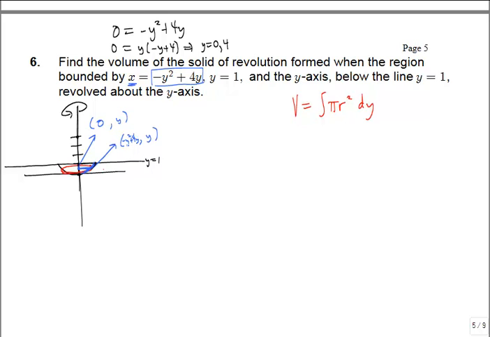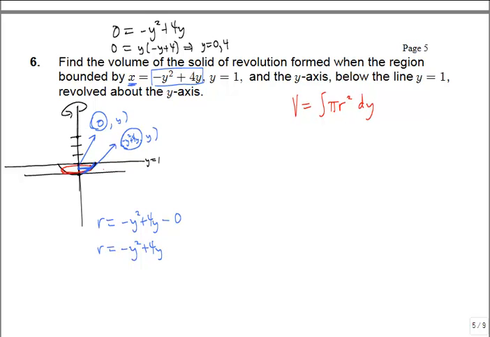And that's good news for us because we want y's. We don't want x's. So my radius will be this right x value minus this left x point. So right minus left gives me negative y squared plus 4y minus that 0. So my radius is negative y squared plus 4y.